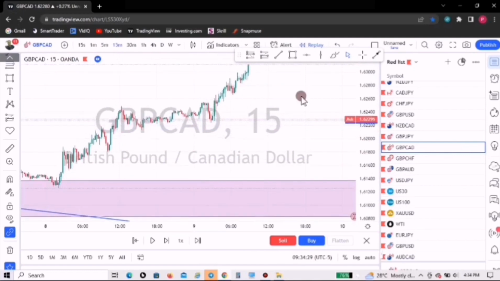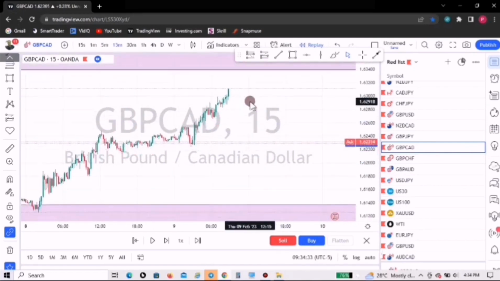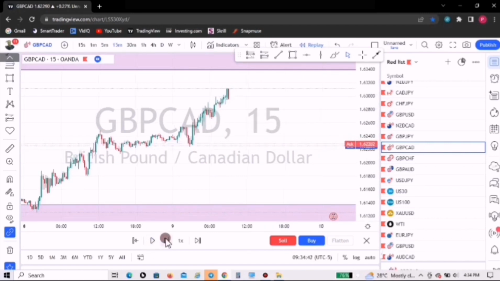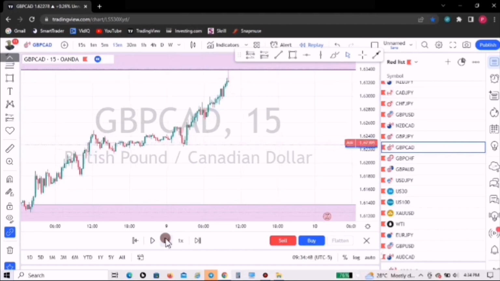You have identified the key levels on a bigger time frame. When you get to M15, in fact, the trend is not very clear here. Let me just continue a little bit to see what price is going to do. Okay, price pushes up.